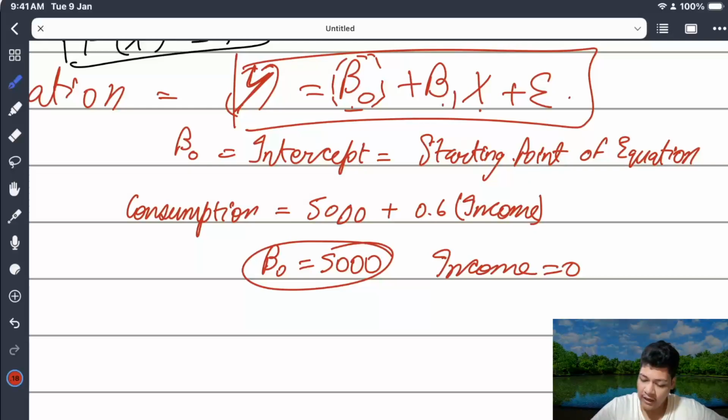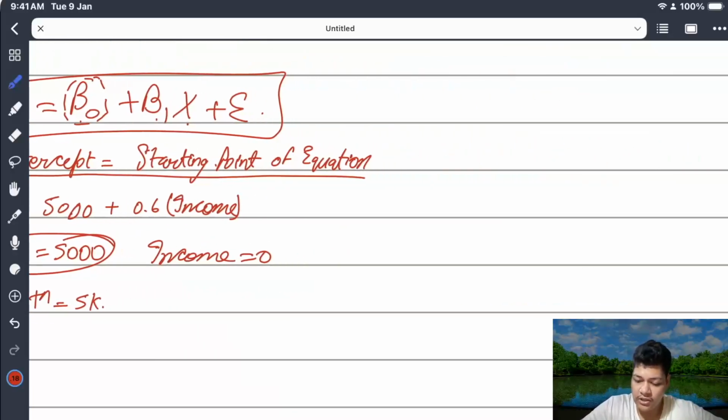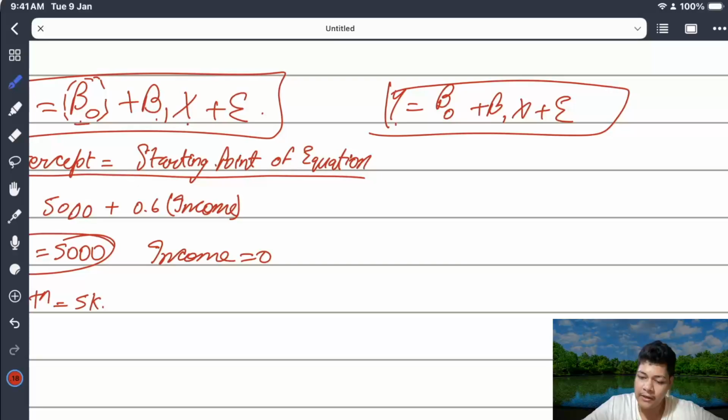So even with 0 income, I will have a consumption of, suppose, 5,000. This is beta naught, the intercept, the starting point of the equation. The equation is Y equal to beta naught plus beta 1 X plus epsilon, where Y is consumption, beta naught is the intercept, and X is the income. Simple.